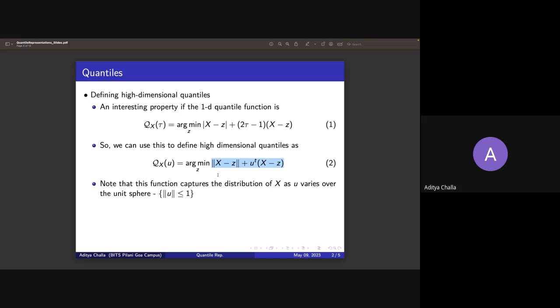So one thing to note is here u belongs to a unit ball in high dimensions, and the output is also in a high dimensional space, right? The same dimension as where x is defined.